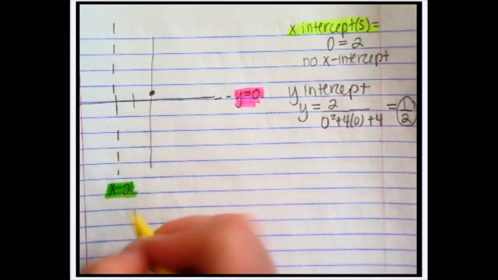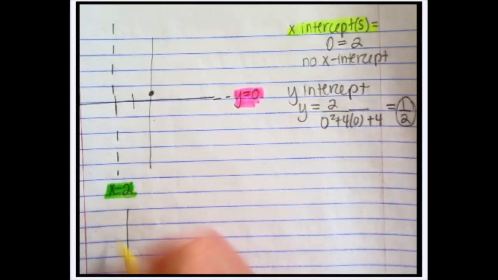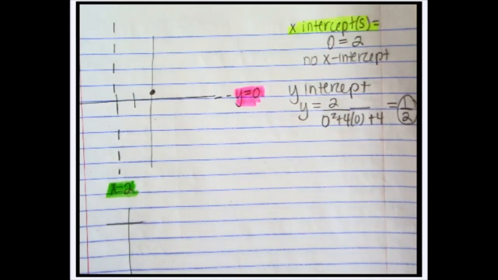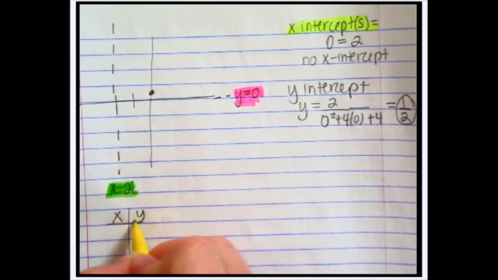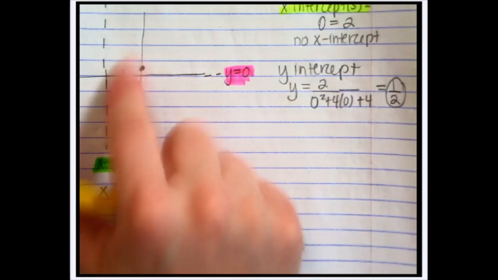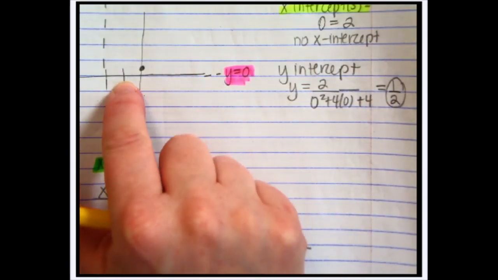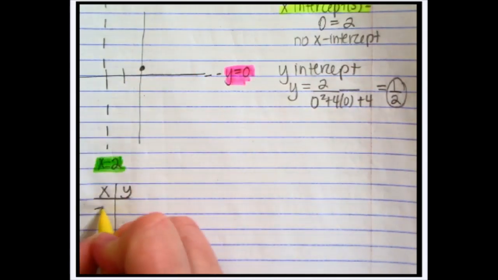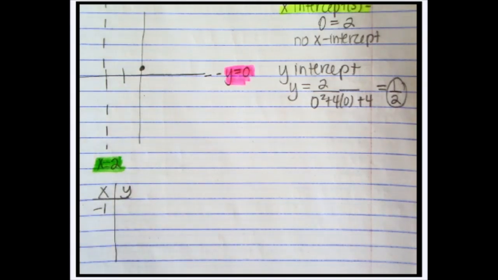So without going to Desmos yet, we will want to do a t-table and plug in some values for x and find out what the y partner is. So over here, I'm going to look at -1 and see what happens when I plug in -1.